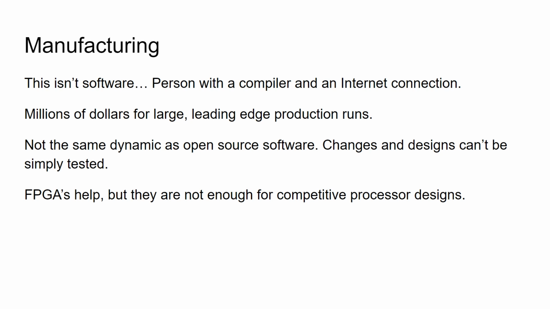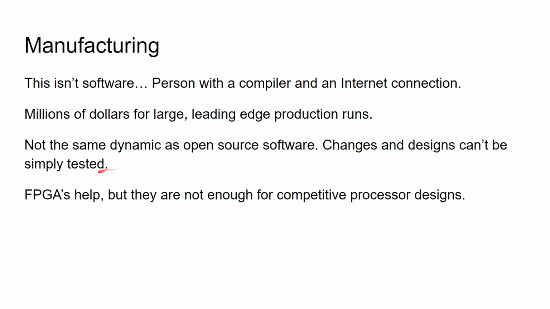So just because RISC-V itself is an open source architecture, that doesn't mean you're going to find some person sitting at their desk hacking out the next version of the world's leading RISC-V processor. It's not the same dynamic as open source software.